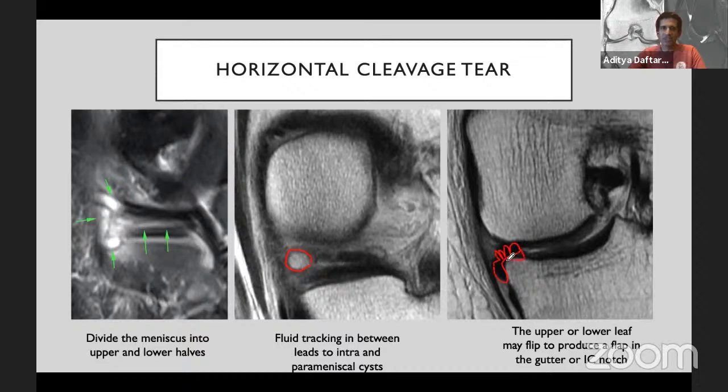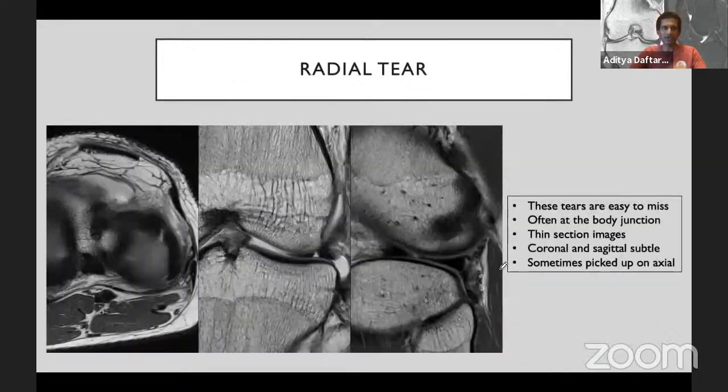And when you see this thumbs down sign, you know these are the ones where you get quite a bit of medial joint line tenderness. And when they flex and extend, you get a little clicking noise, or clicking feeling. So these tears can be easily missed at arthroscopy if you just look at the top of the meniscus, but not at the bottom. So that is your thumbs down flipped meniscal tear from the horizontal cleavage tear.